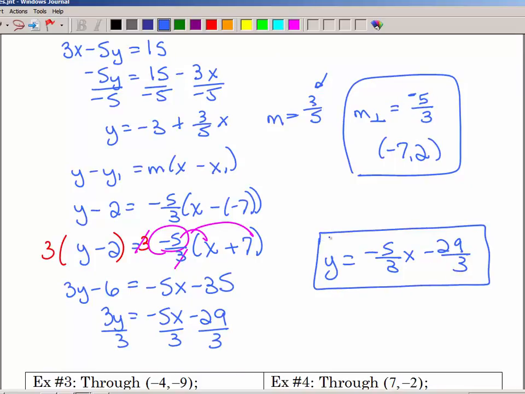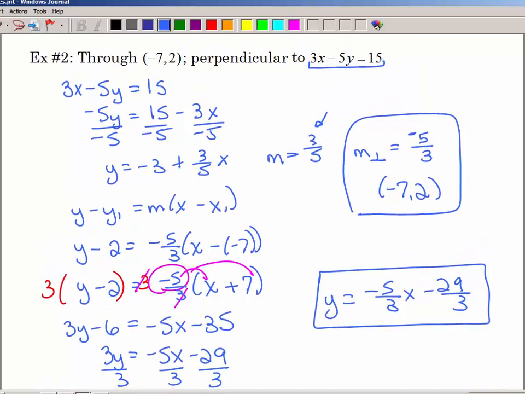And there's my final answer. So again, I wanted a line that's perpendicular to this line, so I have to find the slope of that line and then take the opposite reciprocal to get something perpendicular, use the given point in that point slope form, and then solve for y.